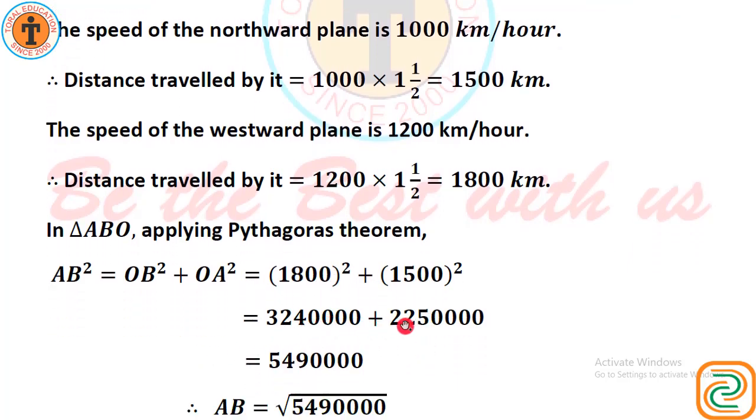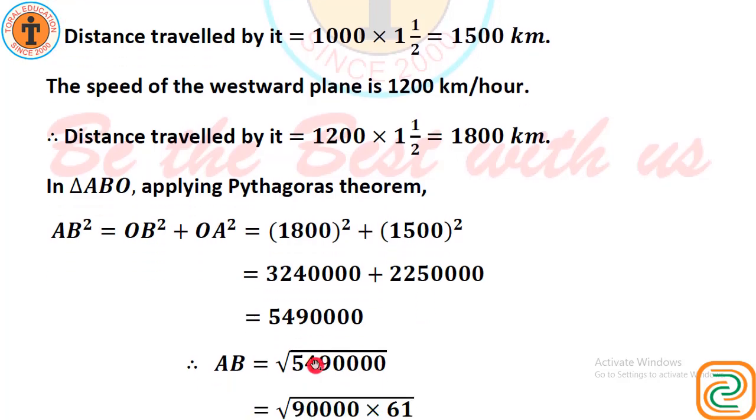The square of both is given. 18 square is 324 and 15 square is 225. If we add both of them, we will get 5490000.